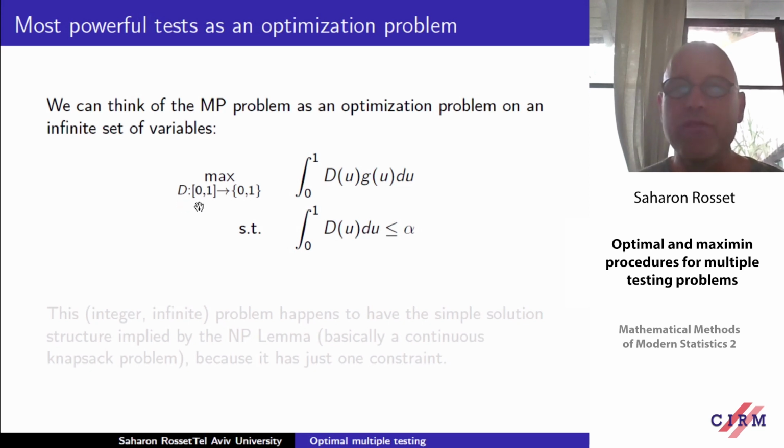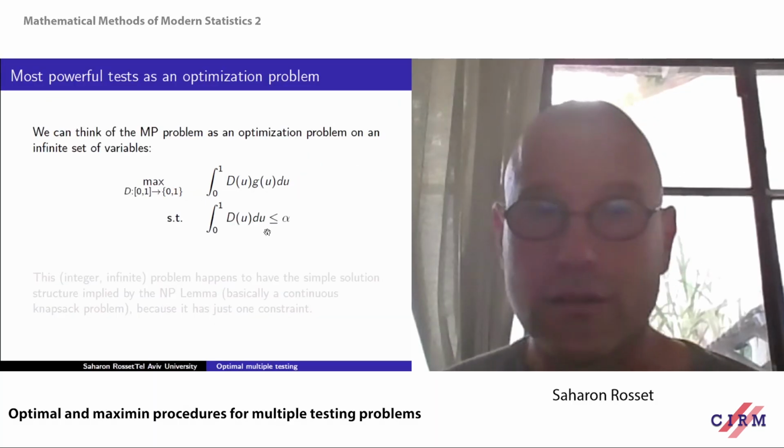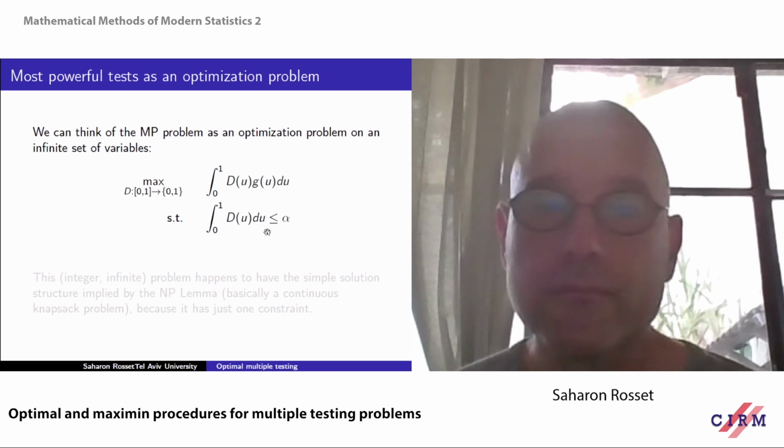But on every possible outcome, we have to make a decision, 0 or 1, whether we reject the null or not, and we seek the policy that maximizes this integral, which is the power, the integral according to the alternative distribution, subject to a constraint on the integral according to the null distribution, which after the transformation is just the uniform distribution.